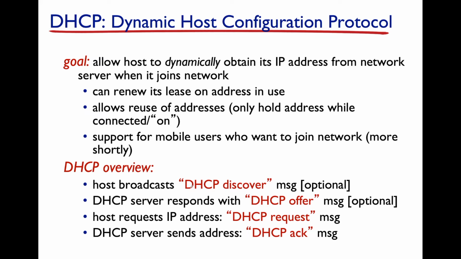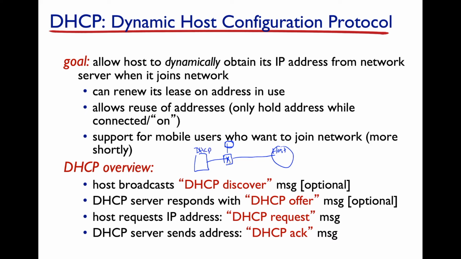Some things need to happen when you're doing this broadcast and making this offer. So here's your host, and that host is on the same network. Say it's connected to a switch, and there are some other machines, another host, and here's your DHCP server, and that's the switch.